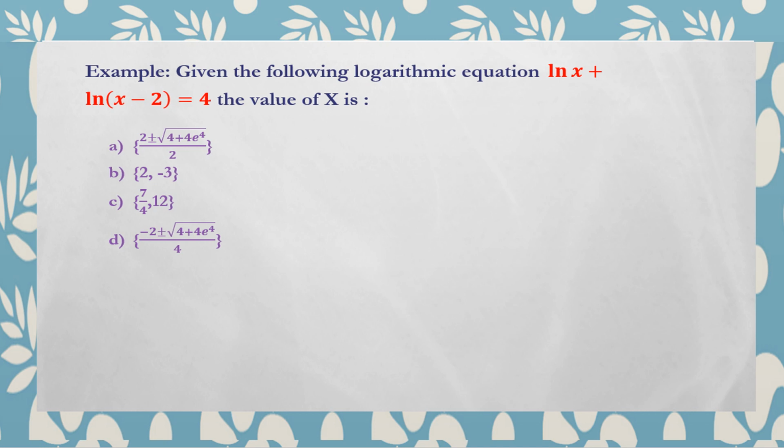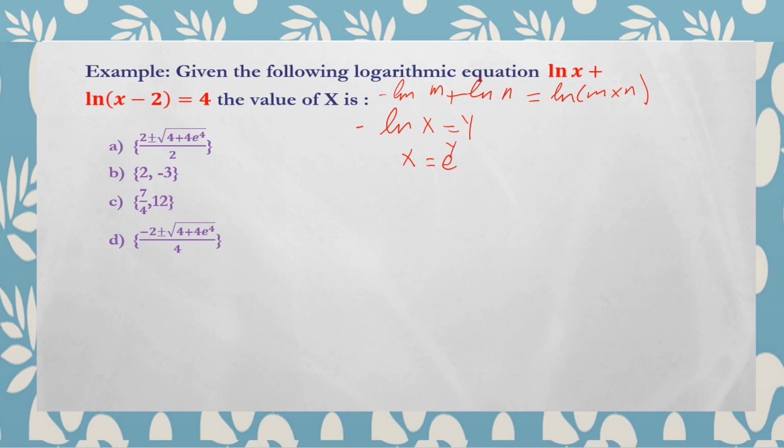Another example, given the following logarithmic equation, ln x plus ln of x minus 2 equals 4. Again, recalling the properties, when we have ln m plus ln n, this equals ln of m times n. And when we have ln x equals y, this means x equals e power y.